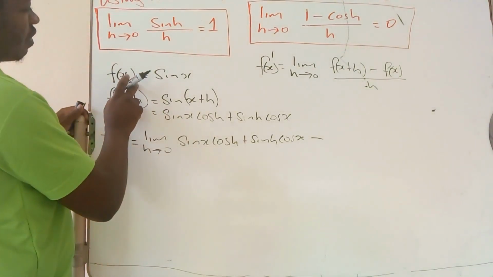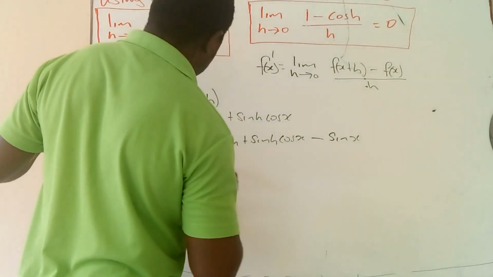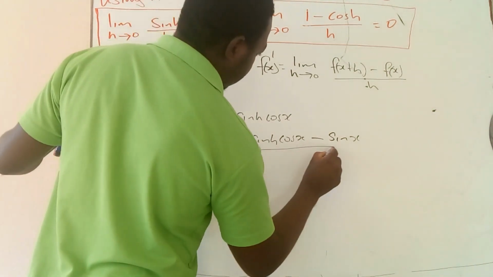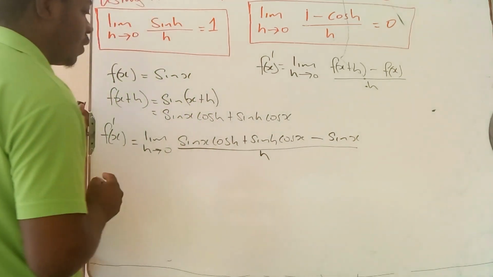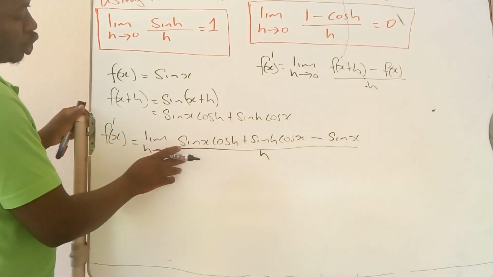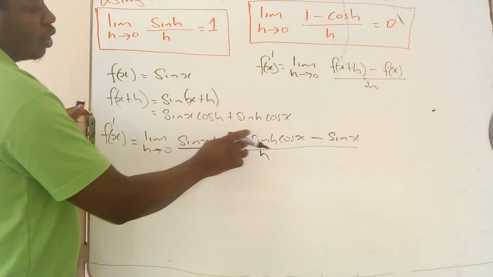But what is f of x? f of x is sine x, right? So it's minus sine x, all of that divided by h.